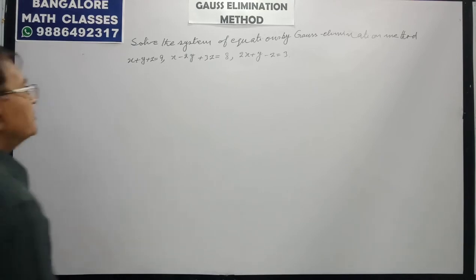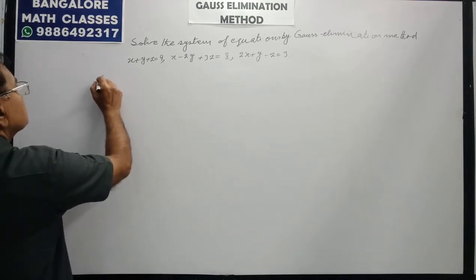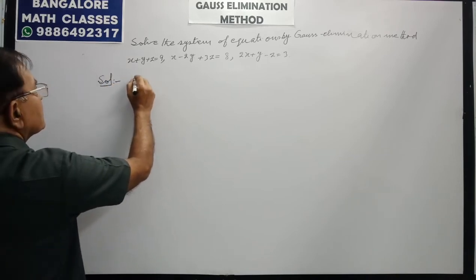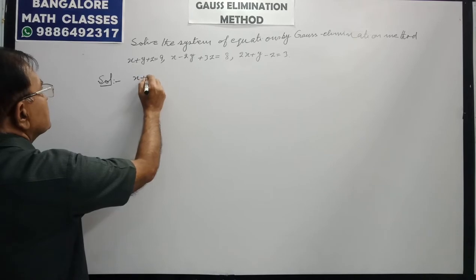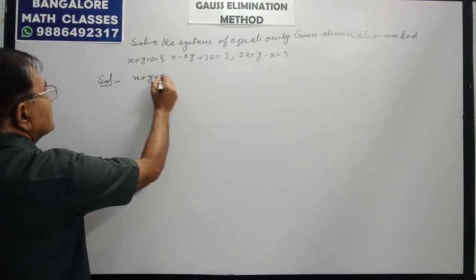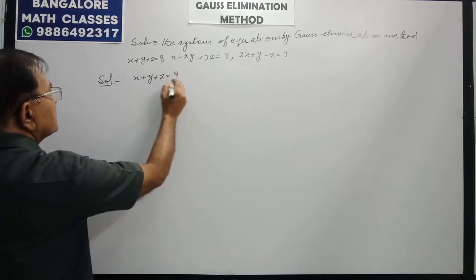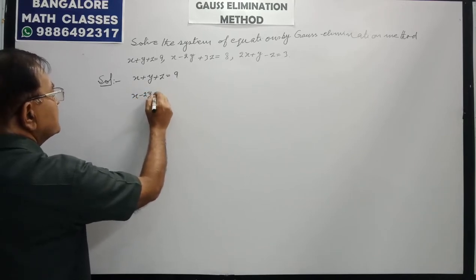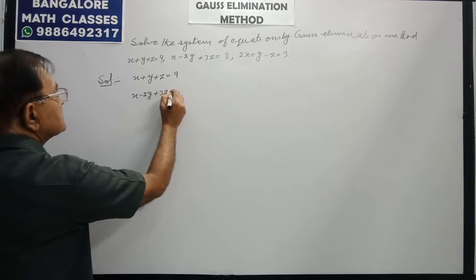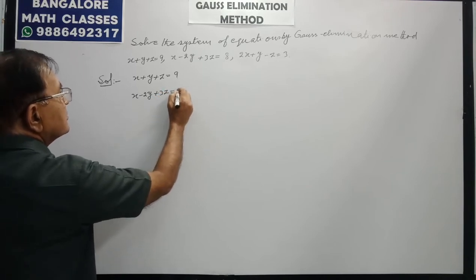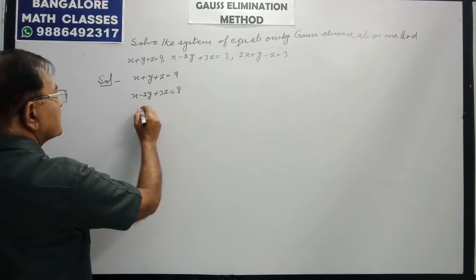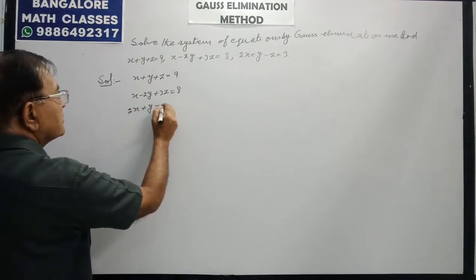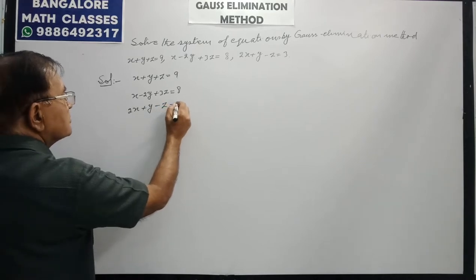It's very simple only. Given equations are x plus y plus z equals 9, x minus 2y plus 3z equals 8, 2x plus y minus z equals 3.